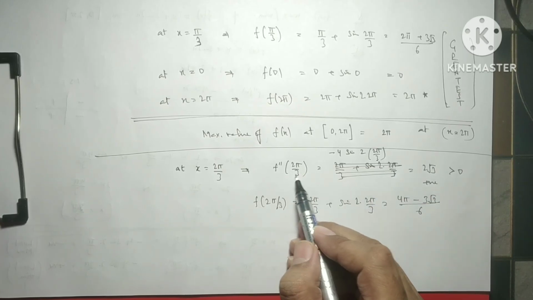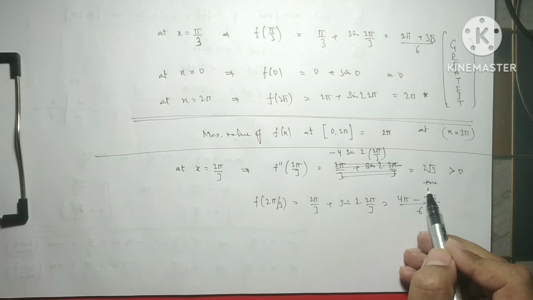When you place this value in this, we get 2 root 3, that is positive, greater than 0.